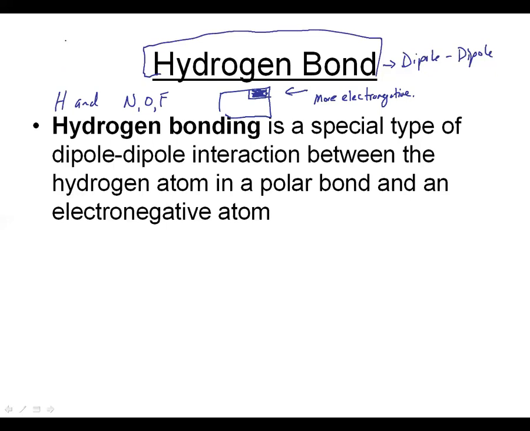So when we hook up a hydrogen to an oxygen, a nitrogen, or a fluorine, we are definitely going to create a pretty polar bond where the hydrogens will be partially positive and the atom on this side will be partially negative in that particular bond. So that's the first thing. And the important thing is that just because something has hydrogen in it does not give it the ability to hydrogen bond. It does need to be one of those types of bonds.